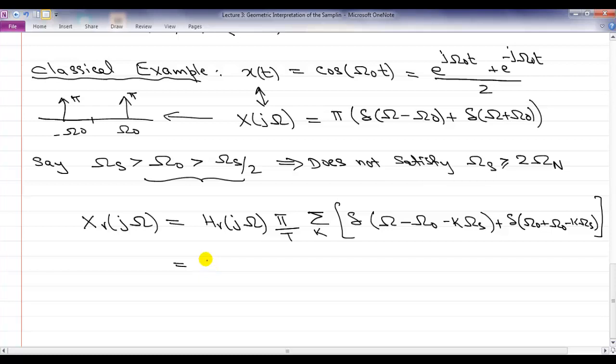And this HR(jω), I'm just going to replace that with 1, from minus ωs by 2 to ωs by 2. And the T cancels, so I am just left with 1 times π times the summation and this whole bracket from above.